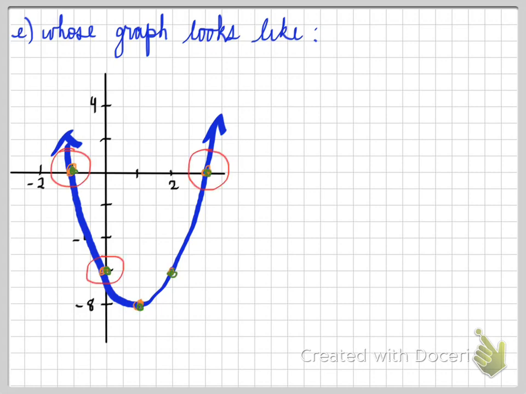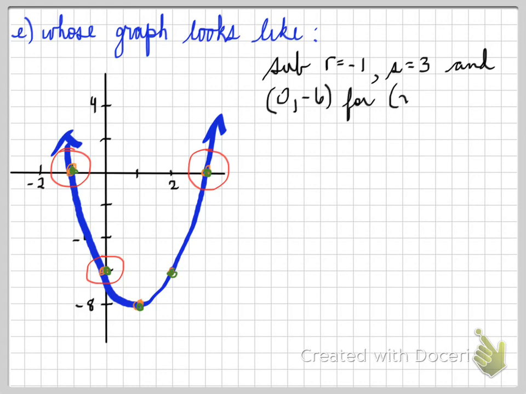That is, using the zeros and, in this case, the y-intercept, we will find the equation of this parabola. Sub r equals -1, s equals 3, those are our roots, and (0, -6) for x and y in the equation y equals a(x minus r)(x minus s).